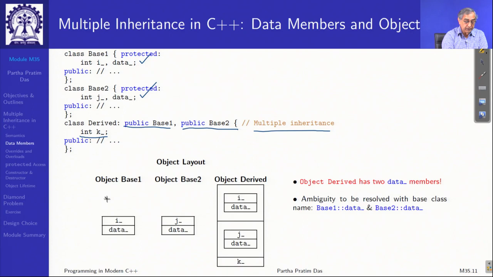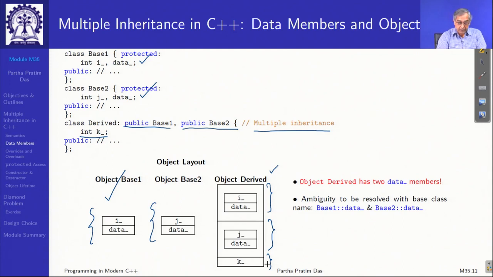If I have a Base1 instance, it will clearly have i_ and data_. If I have a Base2 instance, it will have j_ and data_. And if we have a derived class instance, it will have a Base1 instance, a Base2 instance, and its own data members. Now, this relative order is not specified in general. The compiler will decide that.